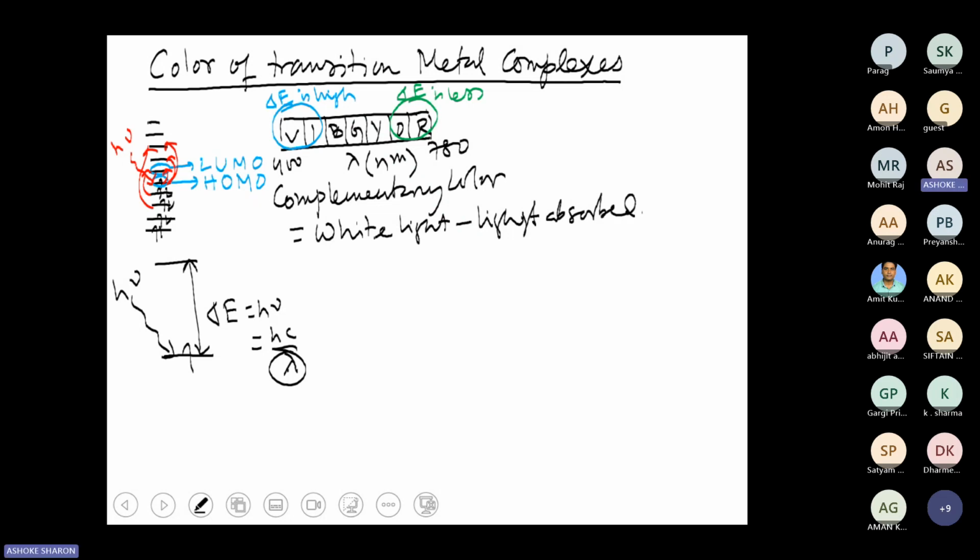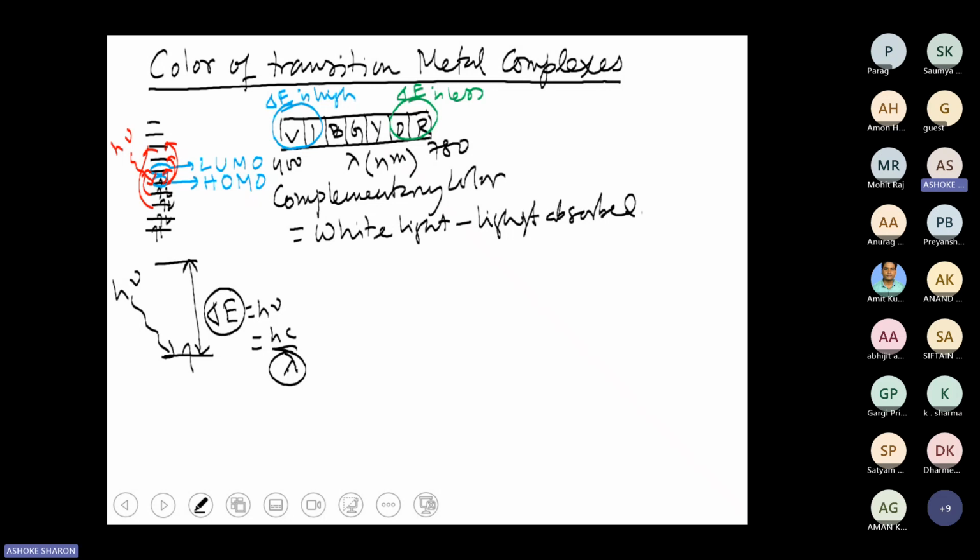Therefore, if delta E is high, we will see the complementary color. So if violet or indigo light is absorbed, then we will see an orange or red color, and vice versa. So the color of any system depends upon this delta E.